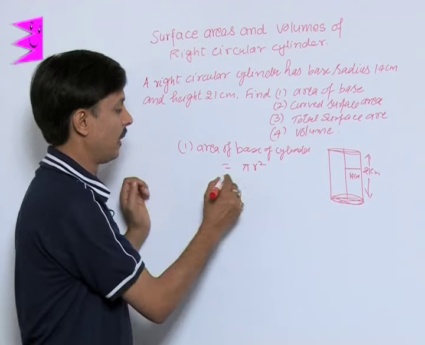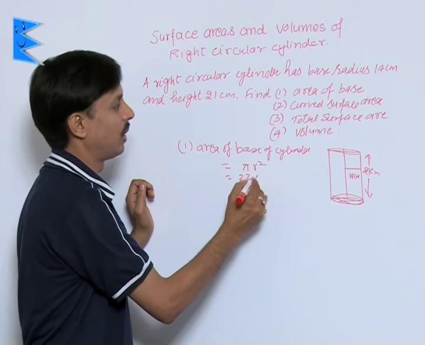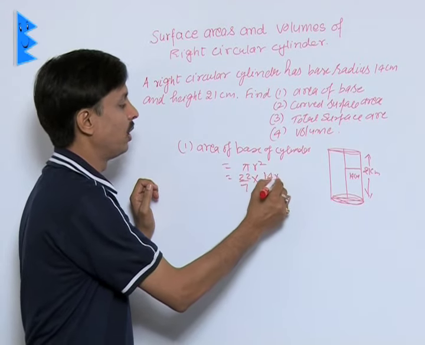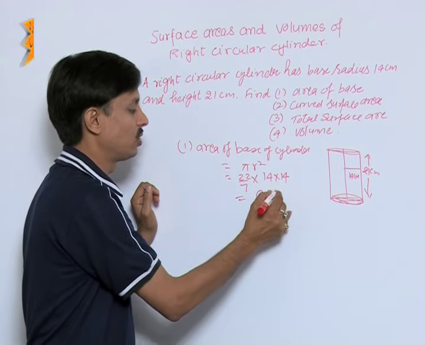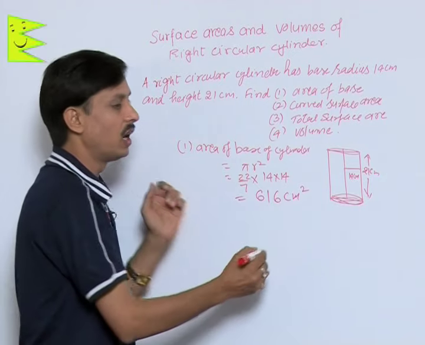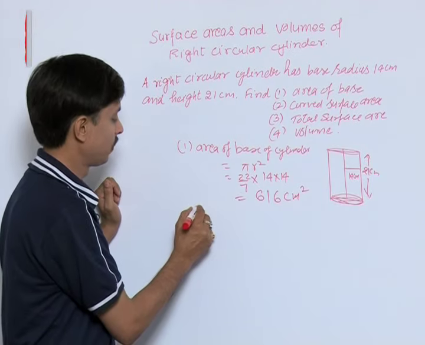that is pi r square. Here pi is 22 by 7, r is 14 into 14. If I simplify, I will get 616 centimeter square, first area.